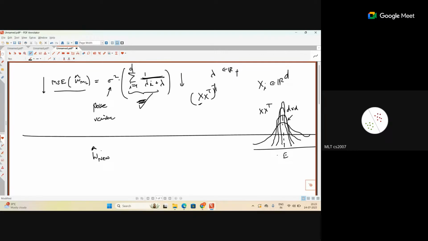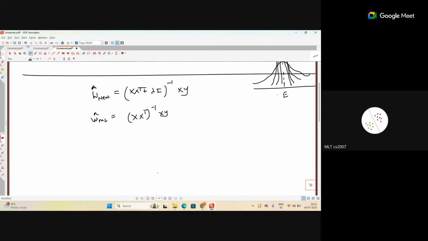W hat new is, let's say, this: X X transpose plus lambda I, inverse, times X Y. I am defining another estimator, and what is W hat ML? It was this, right? This part is clear, right?